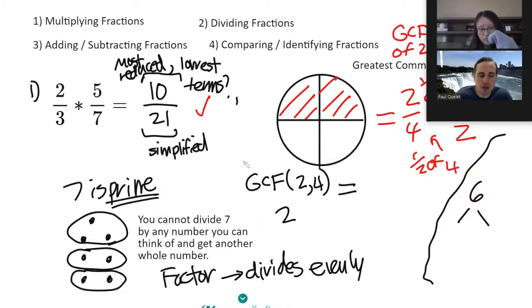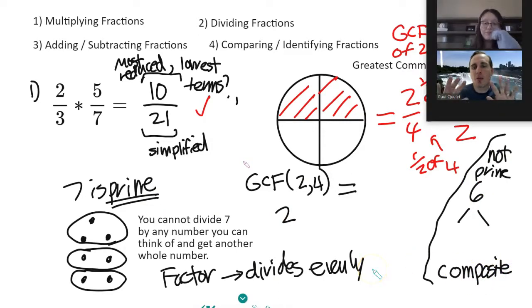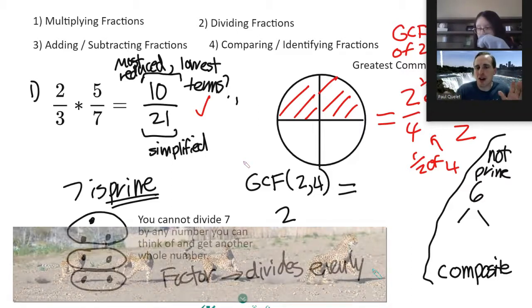And what's the term we were just using when 6 is not prime? Composite. Think about what the word composite means. Do you know what the composite of 2 images is? You lay 2 images on top of each other, so there are 2 components. You ever see an image of many frames of a cheetah running across the savannah?